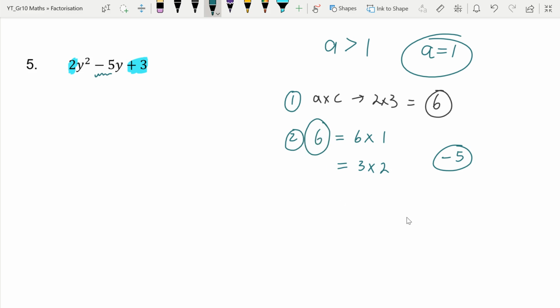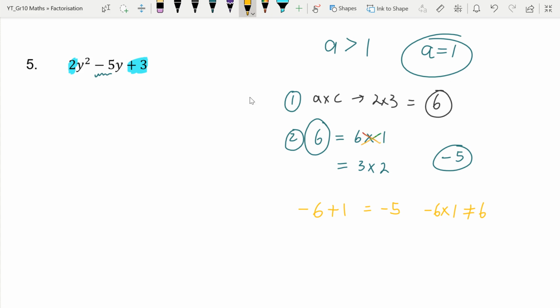If I say 6, -6, how will I get back to -5? Well, I will have to plus 1, because that will get me back to -5. But if I say -6 times positive 1, that is not going to get us back to a positive 6. It's going to get us back to a -6. So that factor pair is not going to work.